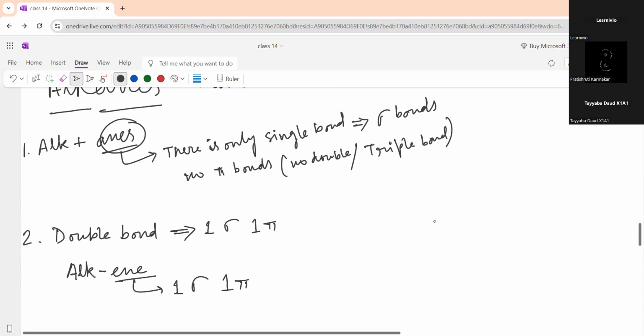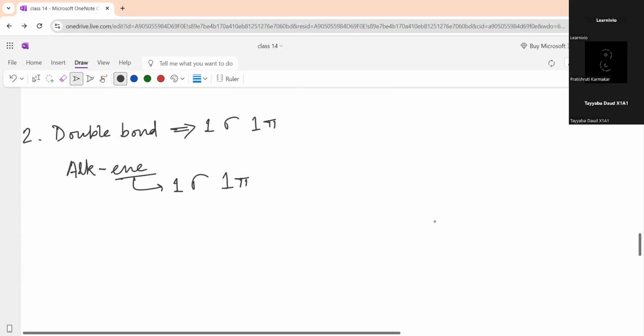And after that, when we have a triple bond, triple bond means how many pi bonds? Two pi bonds, and one sigma. Those are called alkynes.